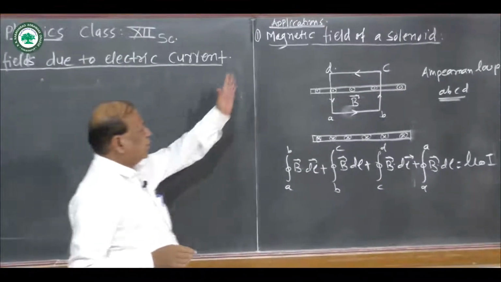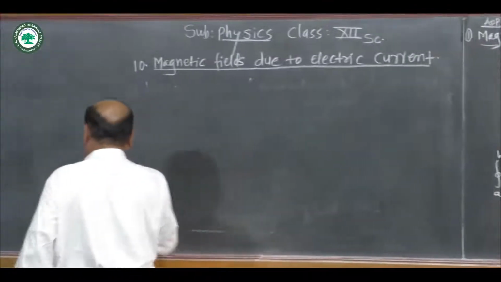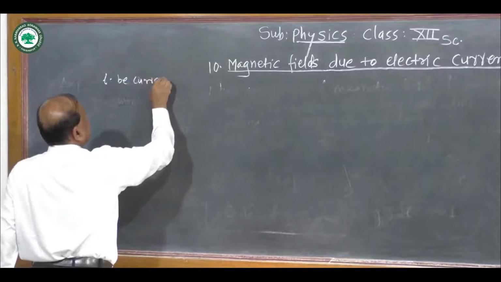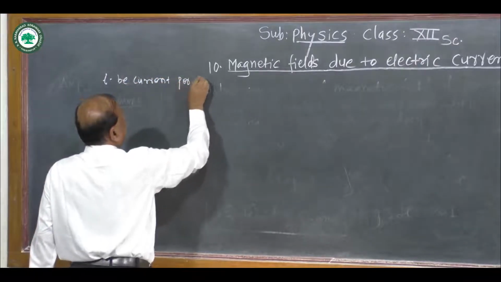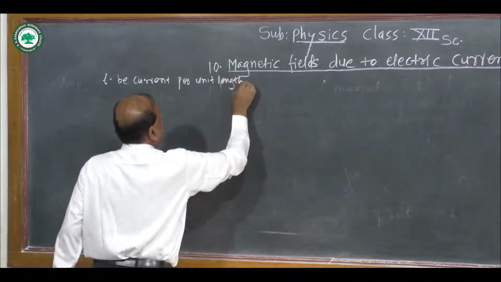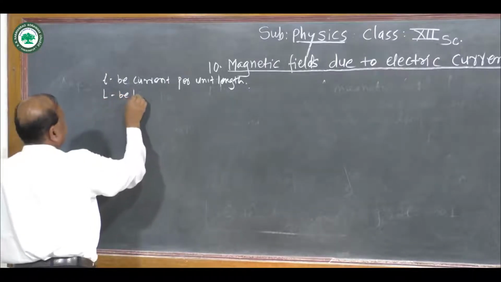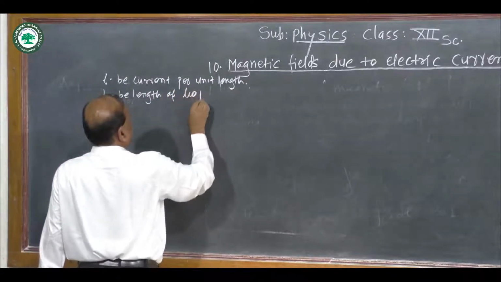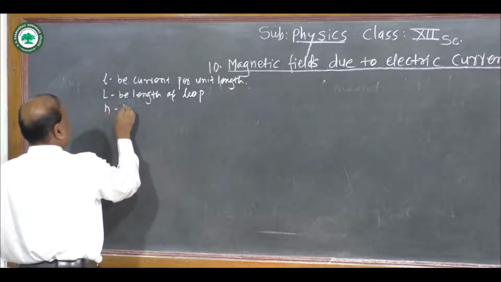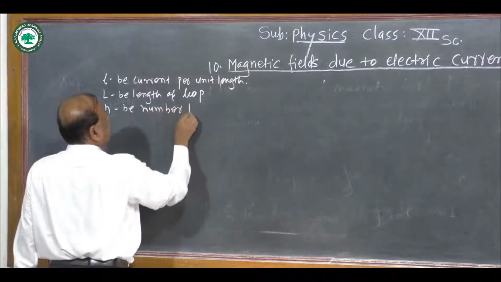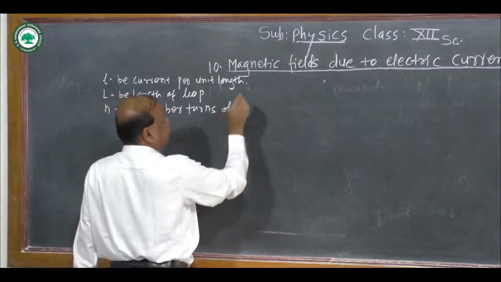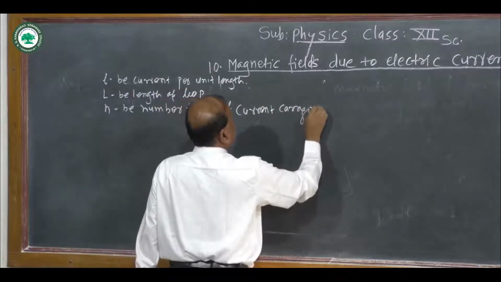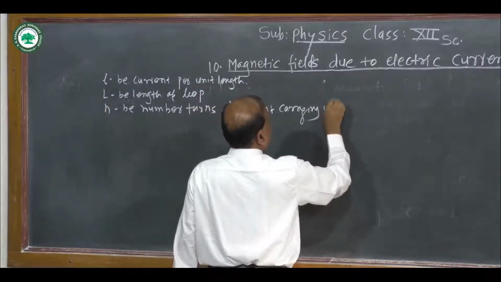See the figure. Here small i is the current per unit length, and capital L is the length of the Amperian loop, and small n is the number of turns of current carrying wire.